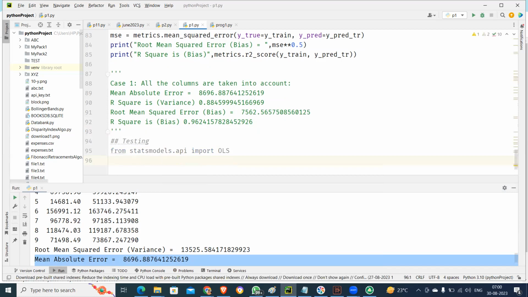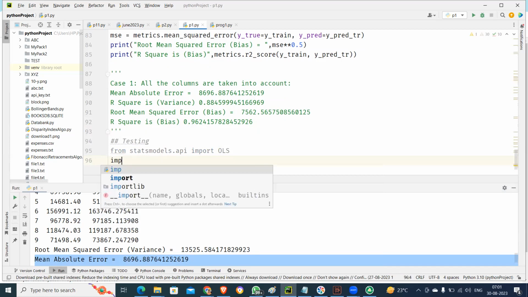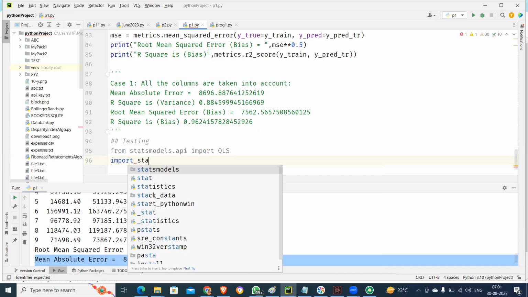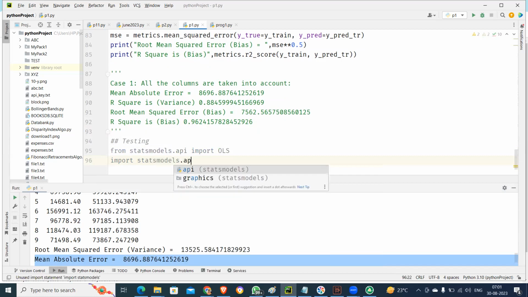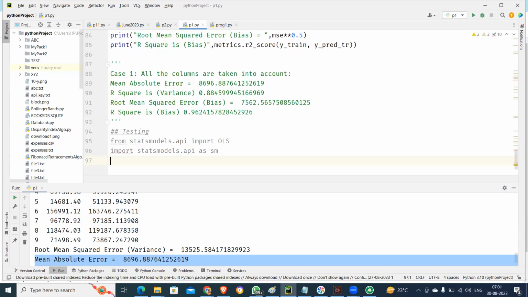This is a faster way of implementing your model. We will also rename it, so I'm going to say import statsmodels.api as sm. Now let's run this and see.